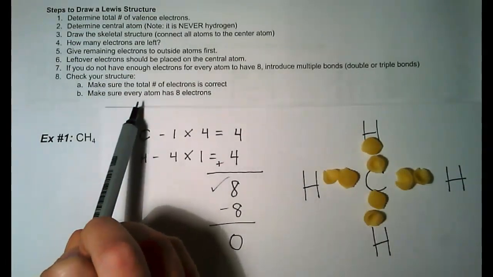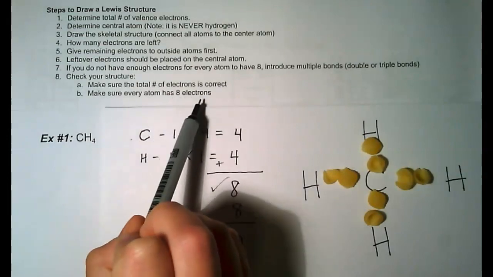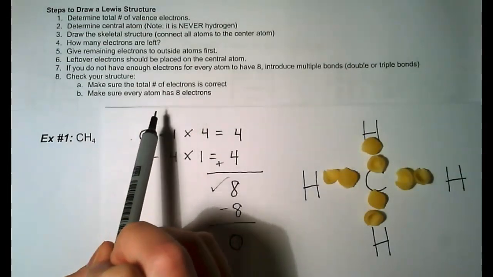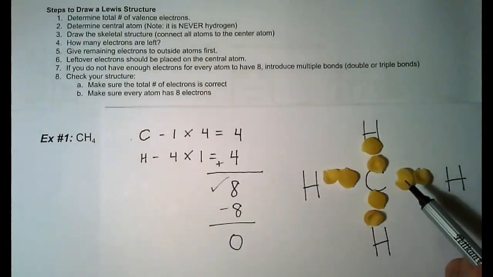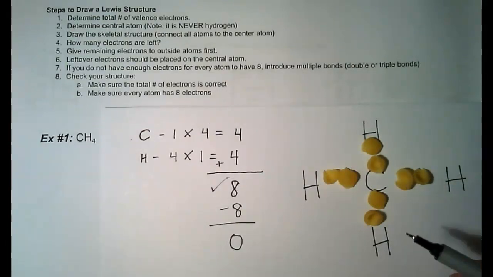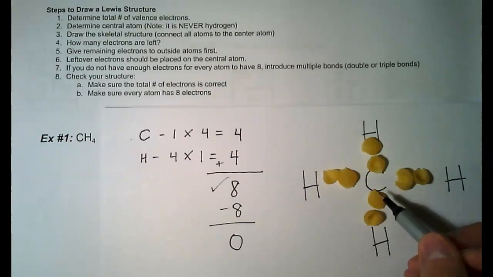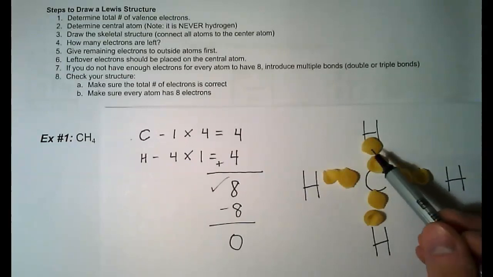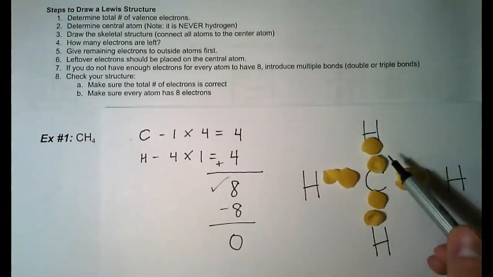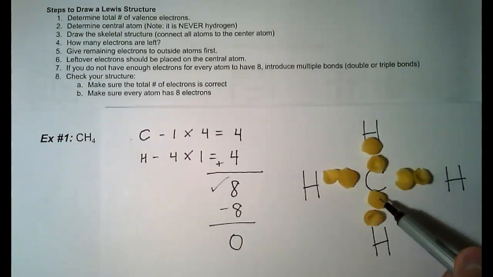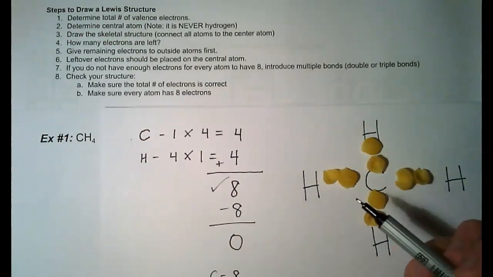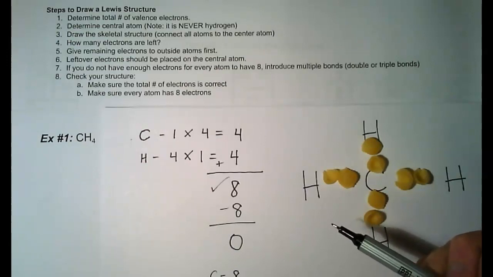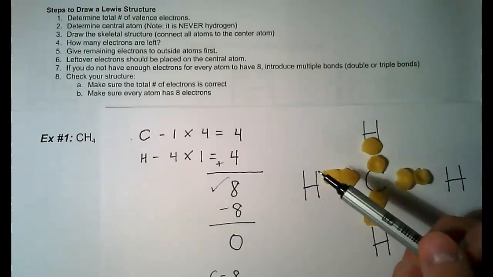And I'm going to make sure every atom has 8 electrons, with the exception of hydrogen, because hydrogen doesn't want an octet, it wants a duet, meaning 2 electrons. So looking at carbon, carbon gets to claim all the electrons that are in the bonds. So it has 2, 4, 6, 8. So carbon has 8 electrons, and then hydrogen also gets to claim all the electrons that are in the bonds that are connected to it.